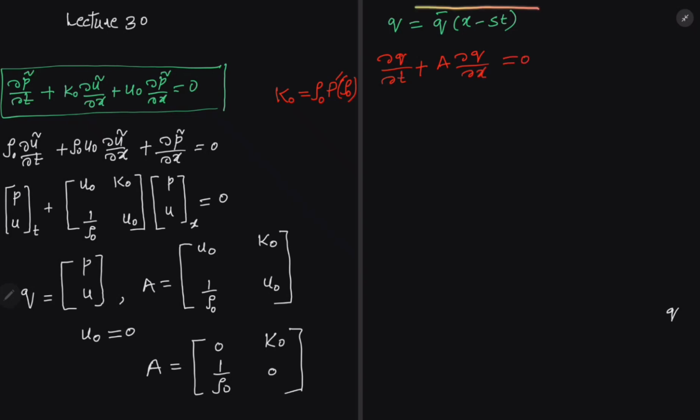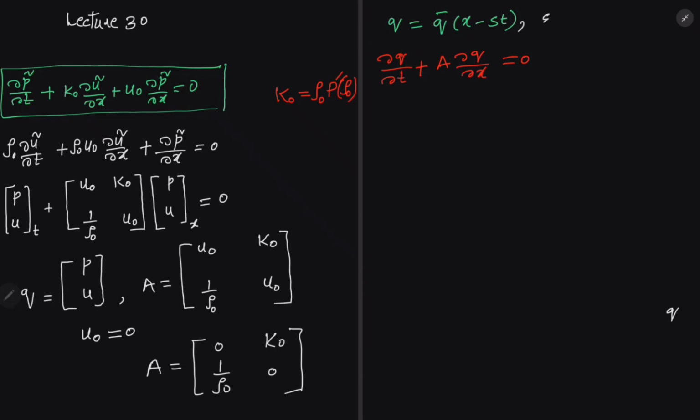If this is a solution, then it should satisfy this equation as well. Now, I emphasize again, this q is a vector quantity. Q is a column vector, right? But I did not put the vector sign in this equation.